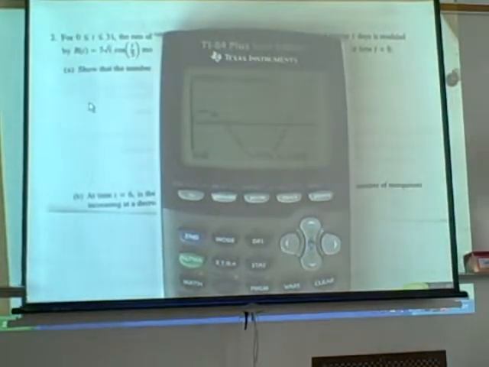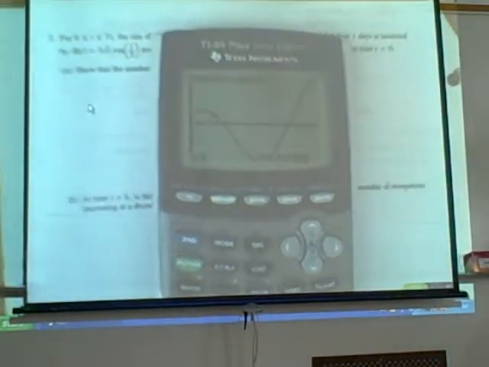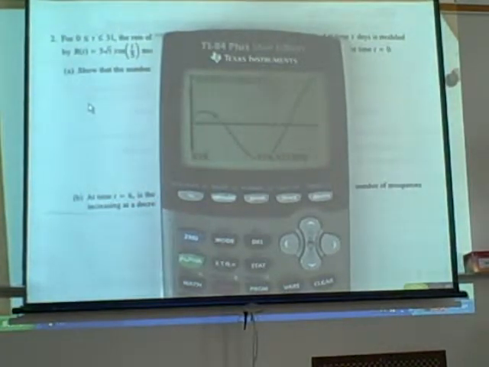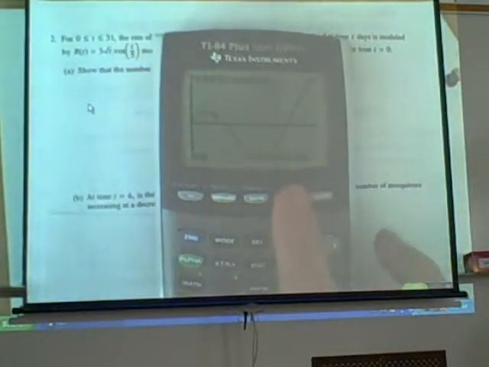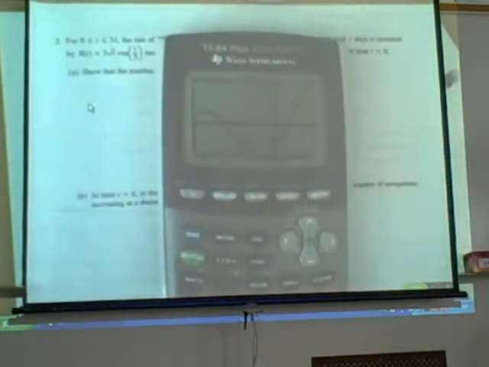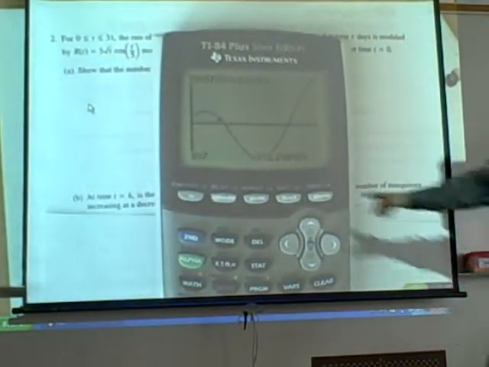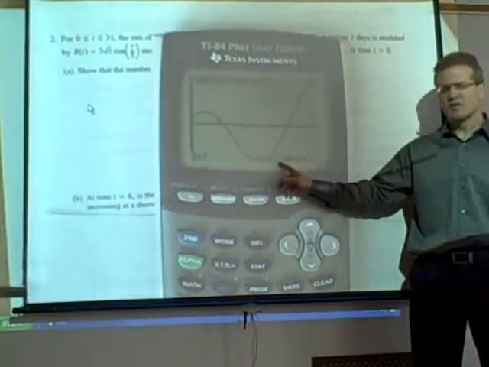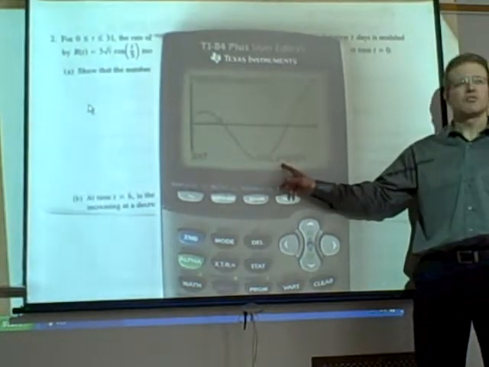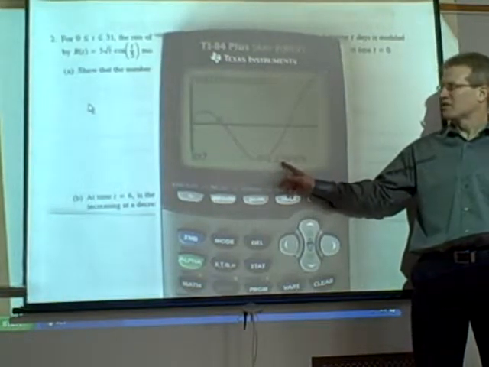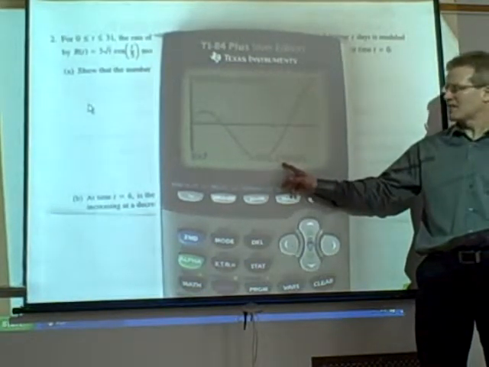For example, right now it's increasing at about 4.4 mosquitoes per day. But if I go to the 7th day, trace 7, enter, I get 2.2. So on the 7th day, it's only increasing at 2.2 mosquitoes per day. So the amount of mosquitoes is still increasing, but it's increasing at a decreasing rate.